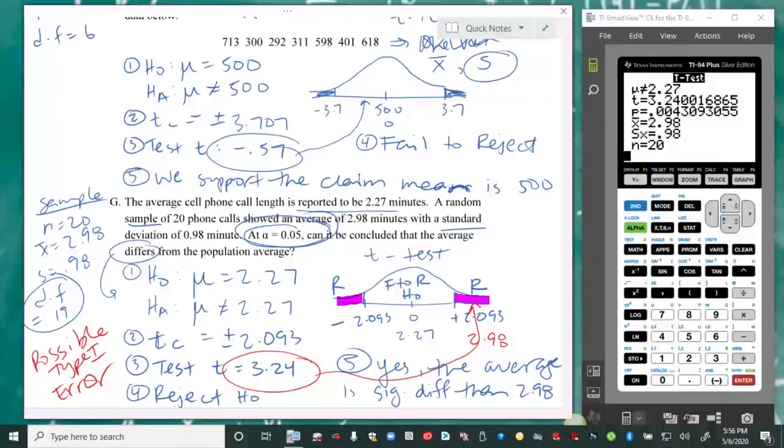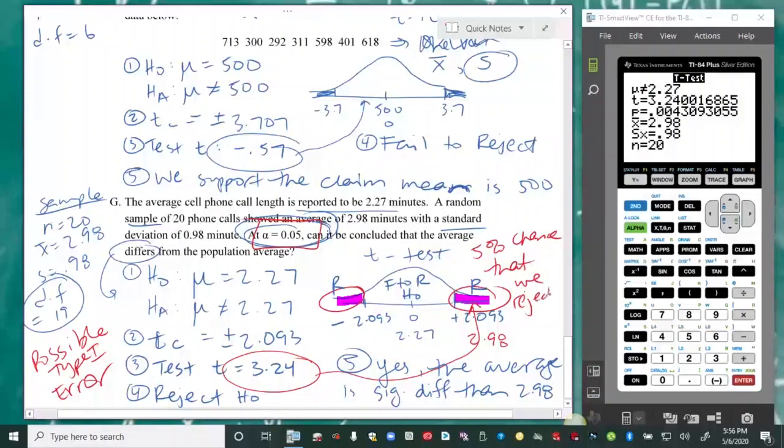So we can go back through, and anytime we rejected, there's a possibility of a type 1 error, but the possibility is really small. I was only ever going to reject in my rejection regions that only have a size of 0.05. So there's only a 5% chance or probability that we reject.